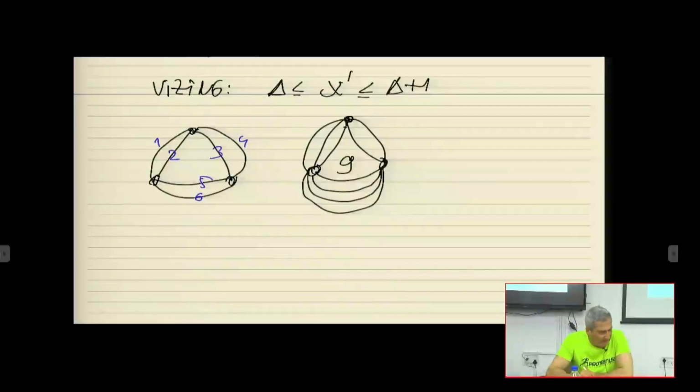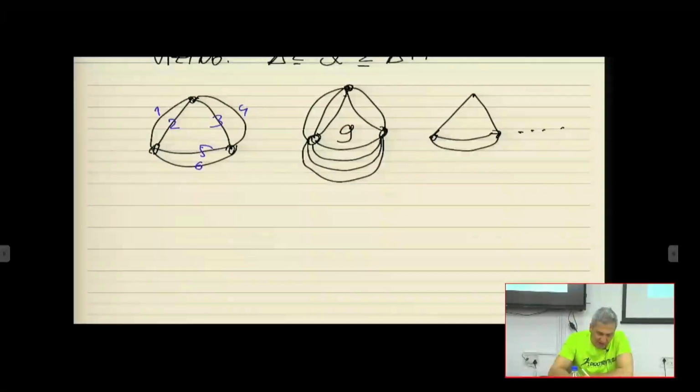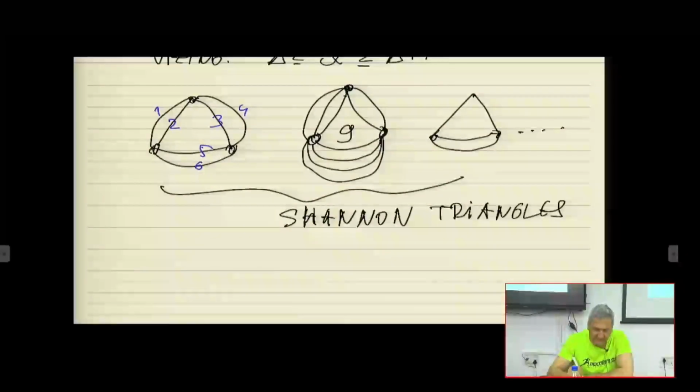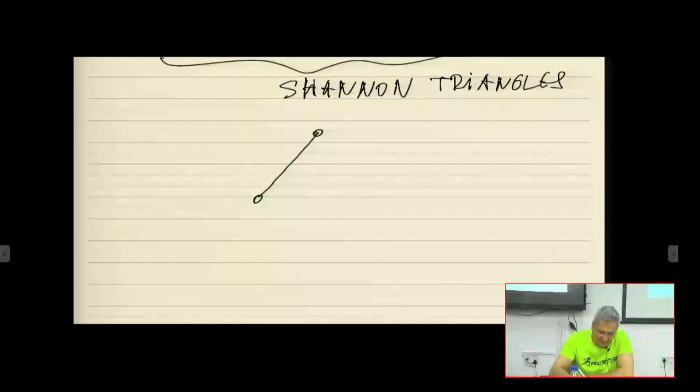Okay, and such triangles can be like this, and so on. All these, I call Shannon triangles. So a Shannon triangle officially is like this.